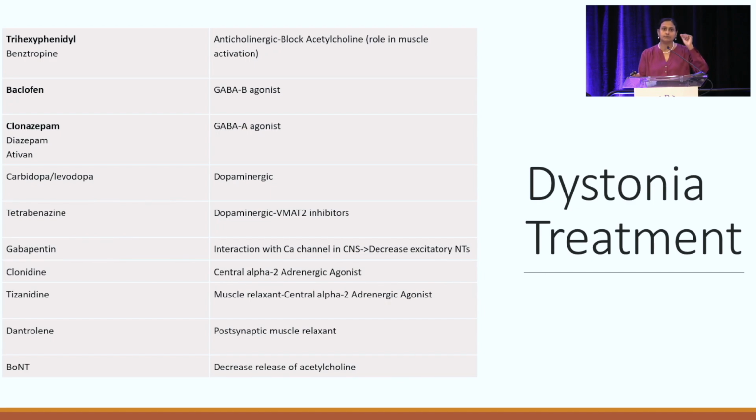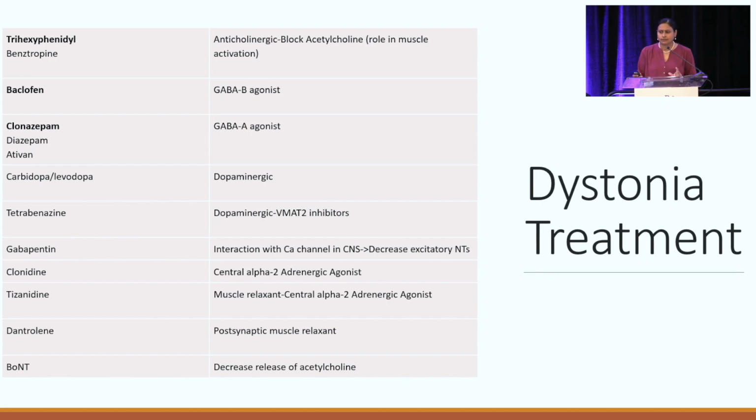It's actually a GABA B receptor where it helps, again, to calm that nervous system down. Clonazepam is another example, along with diazepam and Ativan. The benzos can be used to help, and some of this can give you relief right away, and then others are a little bit more long-acting.